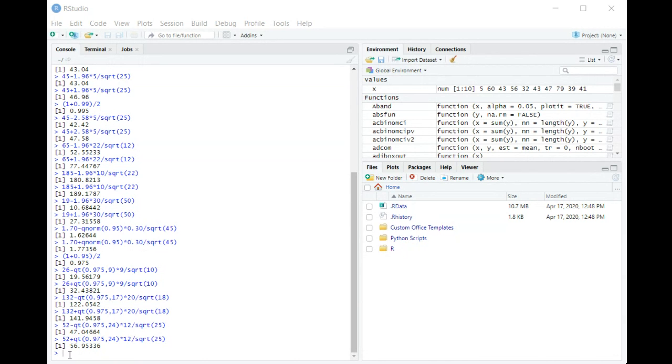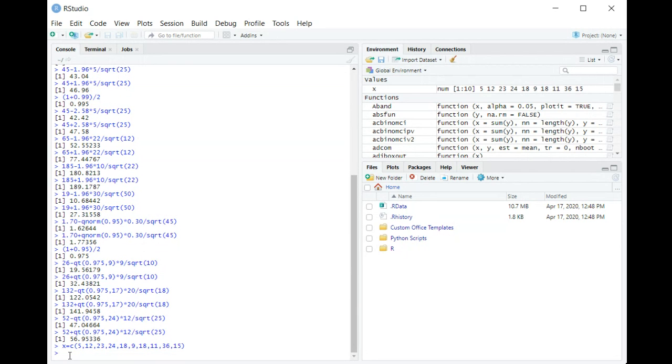So for this one, x equals, we're just going to combine all of these numbers in here. So it's 5, 12, 23, 24, 18, 9, 18, 11, 36, and 15. Okay, enter.